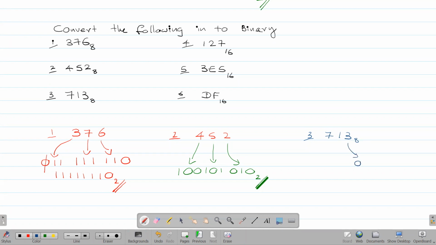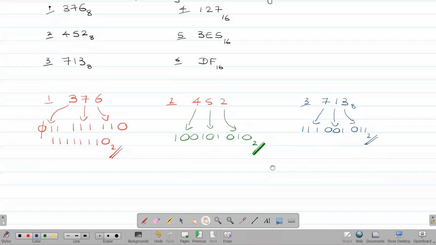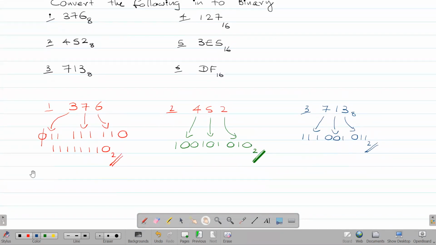So 3 can be written as 0, 1, 1. 1 can be written as 0, 0, 1. 7 can be written as 1, 1, 1. So this is going to be your answer. Yes, last one is also correct with me. Right, in the fourth, those are hexadecimals.